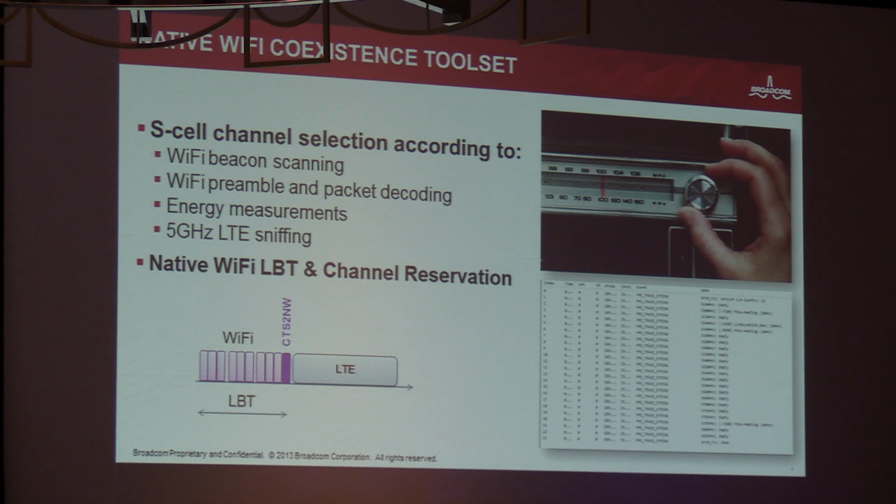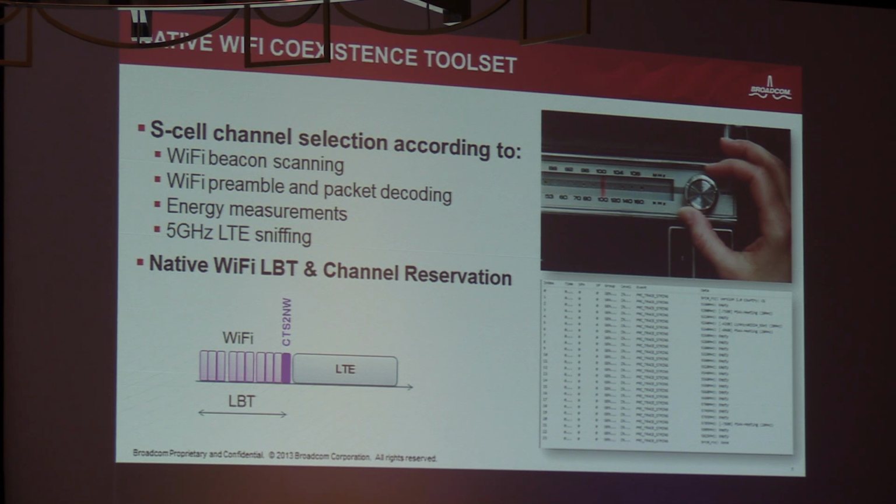We're also using that for listen before talk and for channel reservation. So there's this cycle here of Wi-Fi using the channel while the small cell is listening, or doing the LBT, listen before talk.